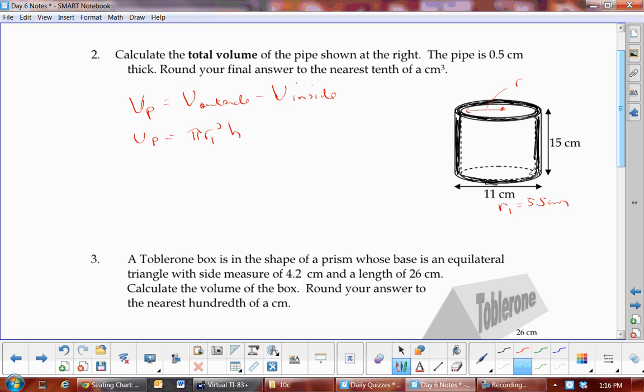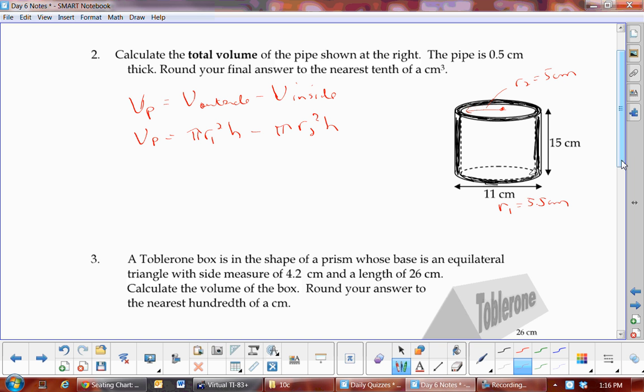So R2 would equal 5 centimeters. So this would be my formula. The volume of the pipe would equal pi R1 squared height minus pi R2 squared height. Does that make sense?